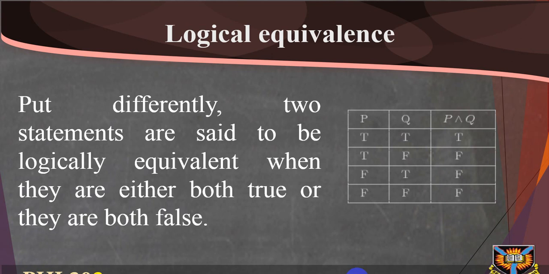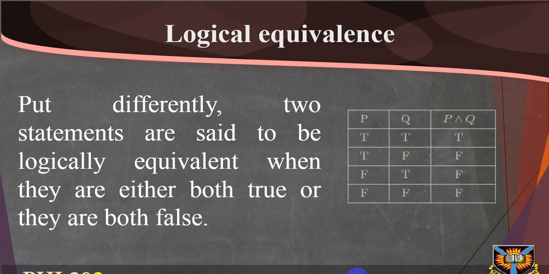Number 2. Bracket open, P, then Q, bracket closed, and bracket open, not P, then not Q, bracket closed. Bracket open, P, then Q, bracket closed, if and only if, bracket open, not P, then not Q, bracket closed.